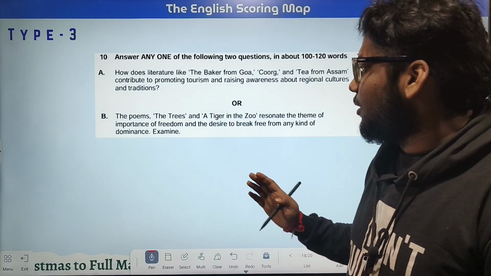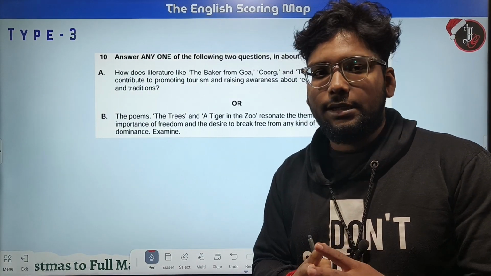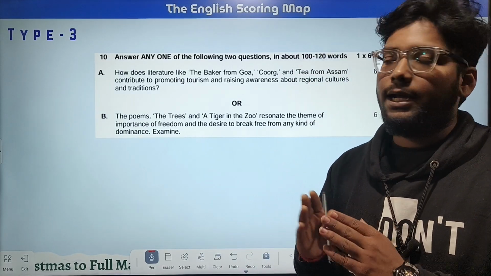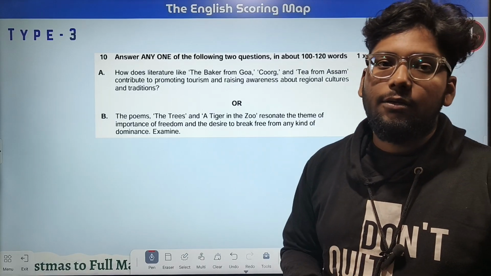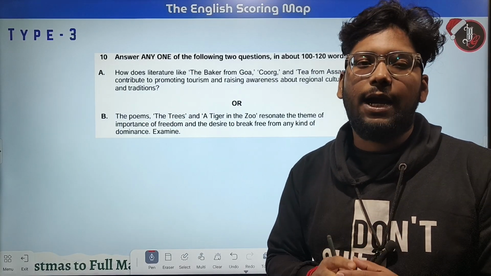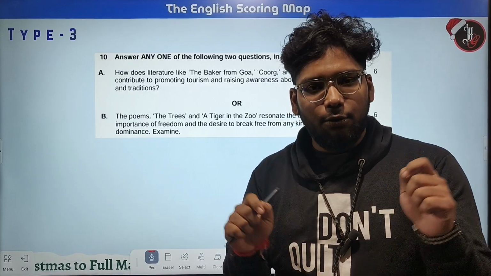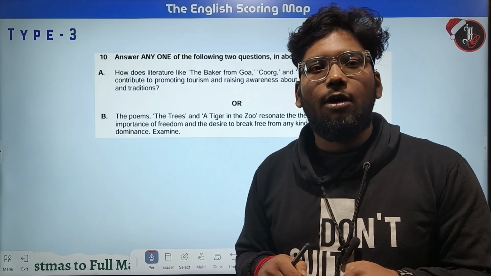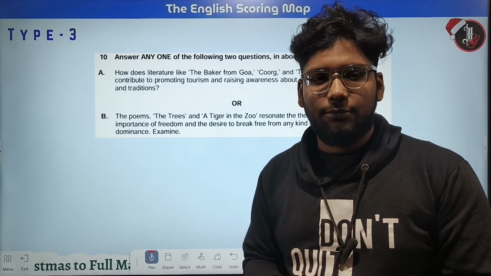Okay. Now, we just have to discuss what happened with the trees in the poem "The Trees" and the tiger in the zoo. What happened to the tiger? We just have to keep in mind that we have to answer the whole thing within the boundary of how to get freedom from something.